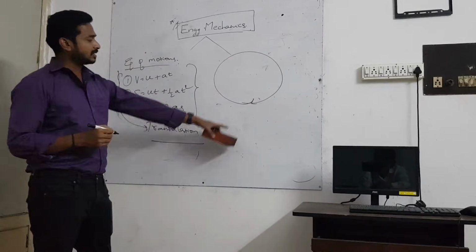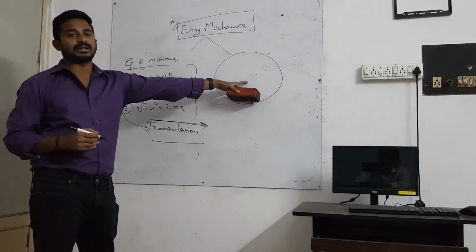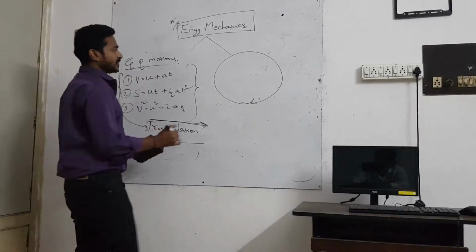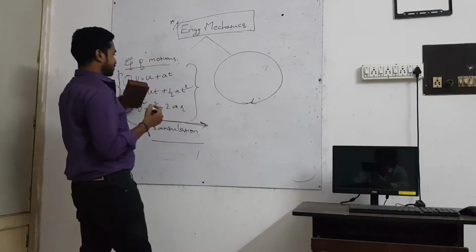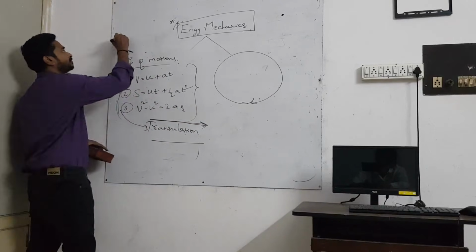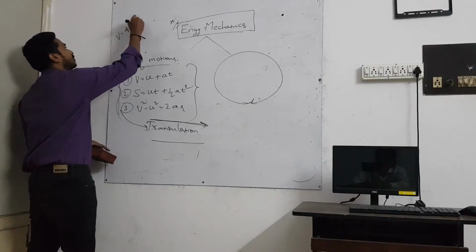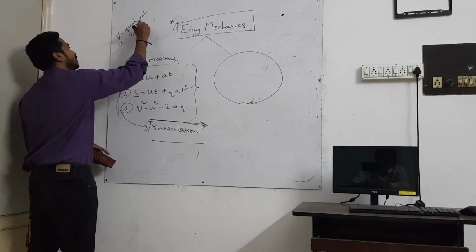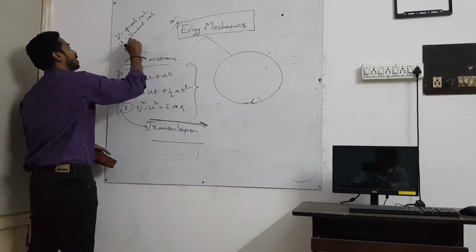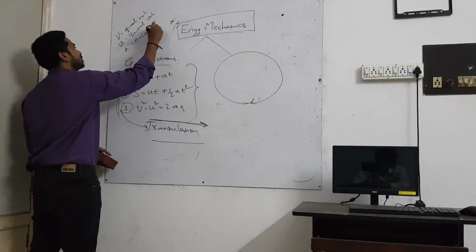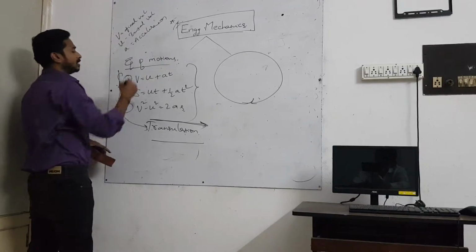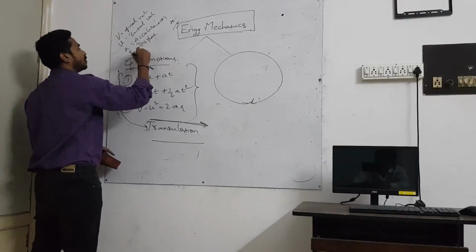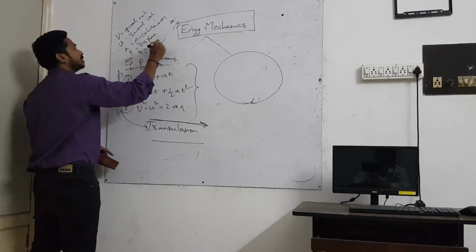If you consider the body moving in a circular path, then definitely these three equations will change. How will this change? In the translation equations, v means final velocity, u means initial velocity, a means acceleration, s means displacement, and of course t is equal to time.